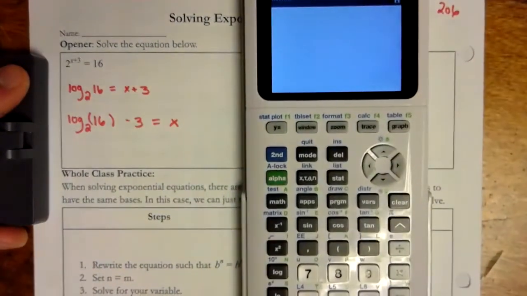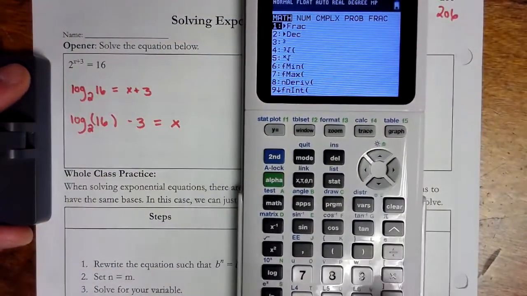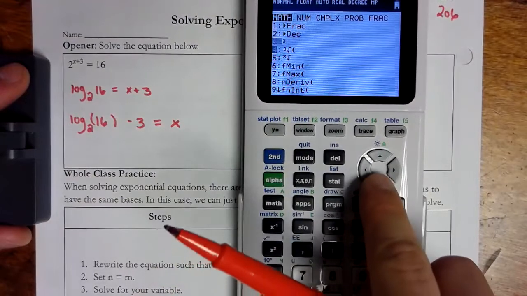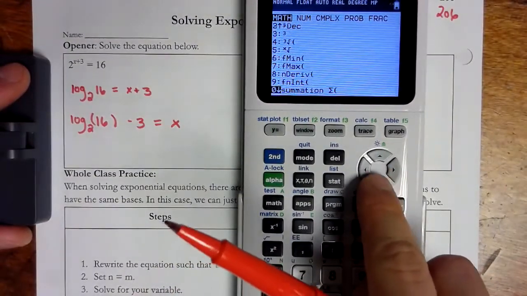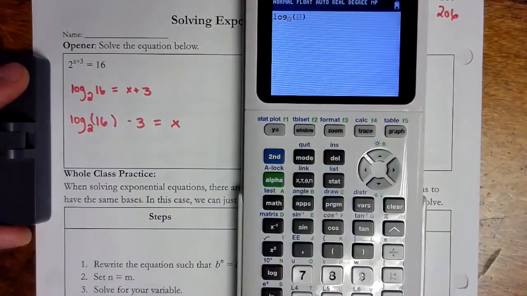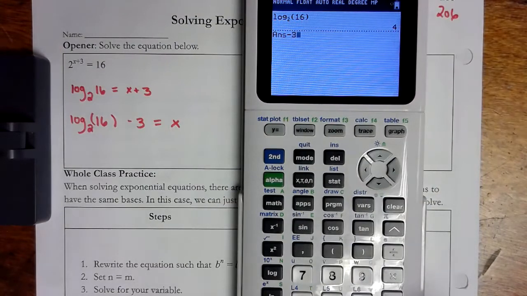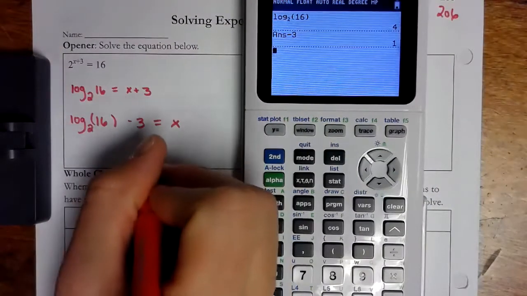If you hit the math button, this is where a lot of the hidden functions are. If I hit math and start scrolling down, I'm going to eventually run into log base, which, like we would expect, allows us to choose any base. So I'm going to put 2, and we're taking log base 2 of 16, and it comes out as a whole number, which is 4. If I subtract 3, I get 1. So x equals 1.